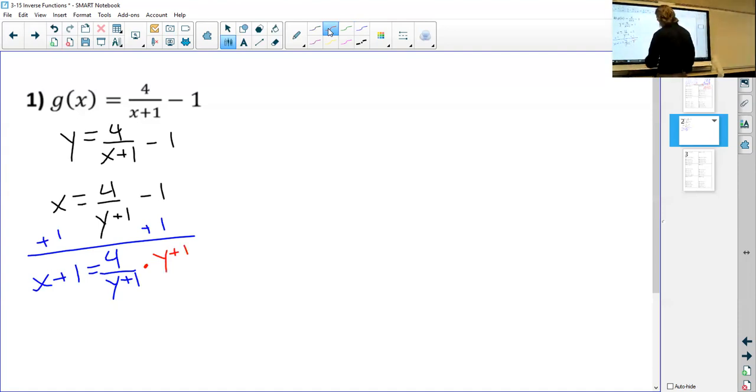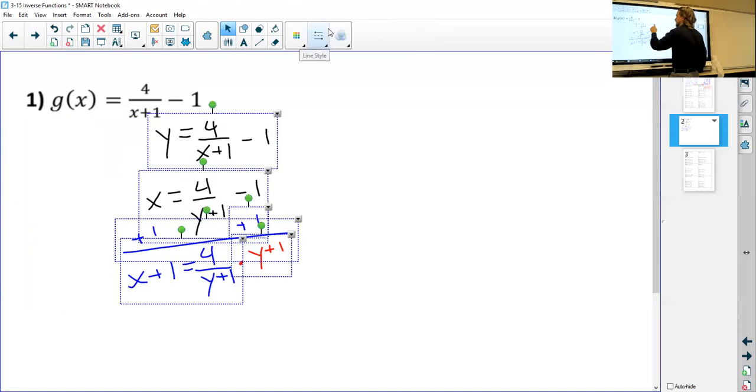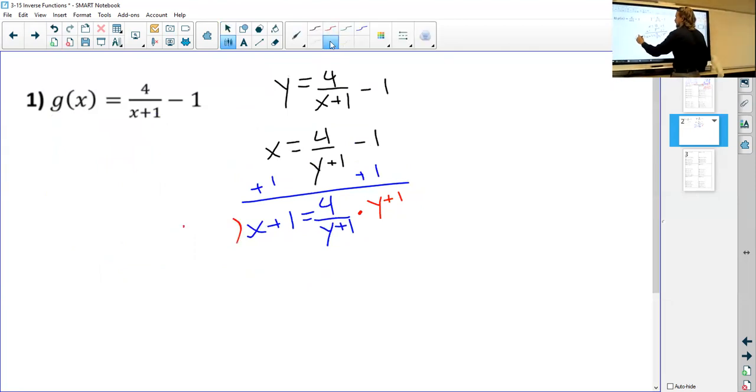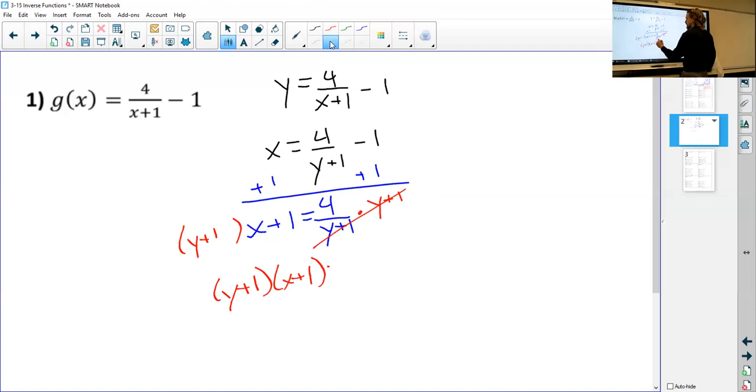Can I flip this whole thing over? Let's do that. That'll give me more room. So I want to multiply this times y plus 1. So then on this side, these will cancel. And then I have y plus 1 times x plus 1 equals 4.